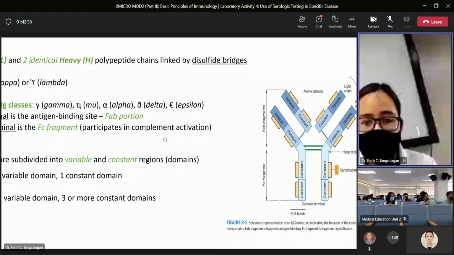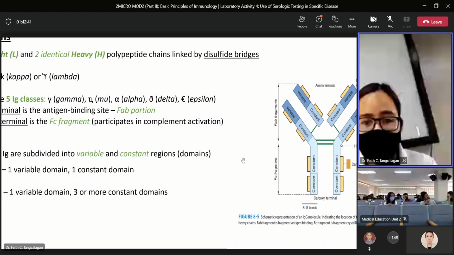Meanwhile, in your Fc fragment, which is your constant region, is where the biologic function of your immunoglobulin takes place, for example, complement activation or destruction. So the biologic activation takes place in your Fc fragment, while the antigen binding site is in the Fab fragments.